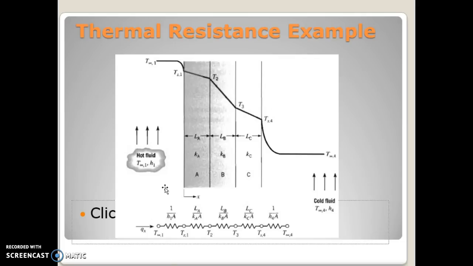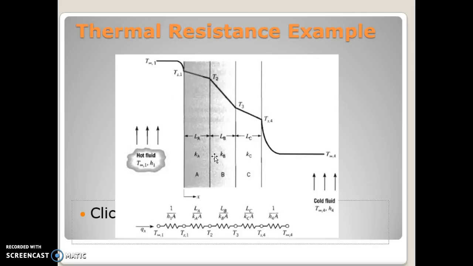In this figure you can see a composite wall made up of three different types of materials, say A, B and C, having thermal conductivity equal to Ka, Kb and Kc, and their thicknesses are equal to La, Lb and Lc.